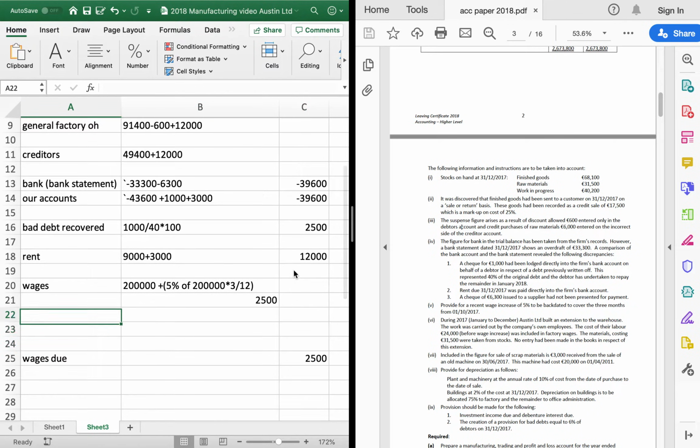So we have to take out the 24,000 out of wages. But it's not only the 24,000, it's the 24,000 plus 5% of the 24,000 by 3/12.